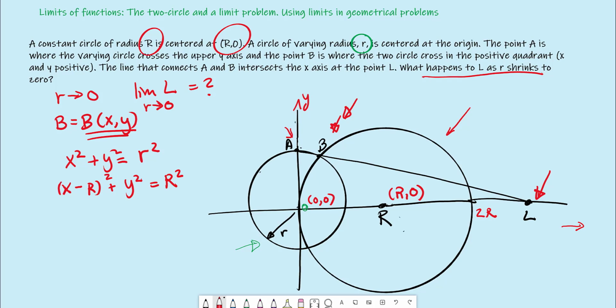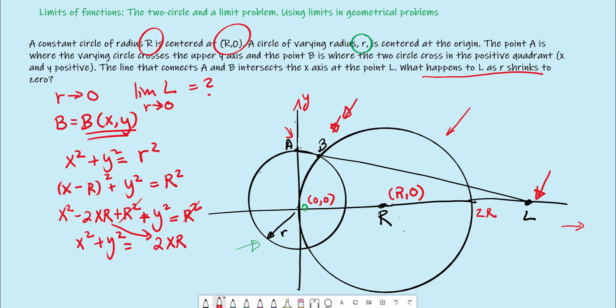Let's simplify this lower equation. Let's open the parentheses. We get x squared minus 2xR, this is a binomial, plus R squared, plus y squared equals R squared. So we can cancel the two R squareds from both sides, and we remain with x squared plus y squared, and I'm going to move the 2xR to the other side of the equation.